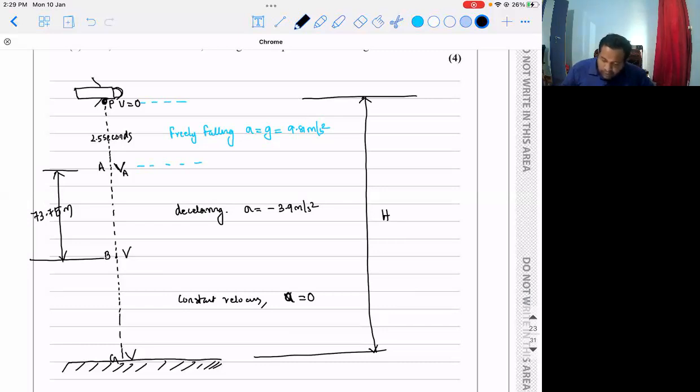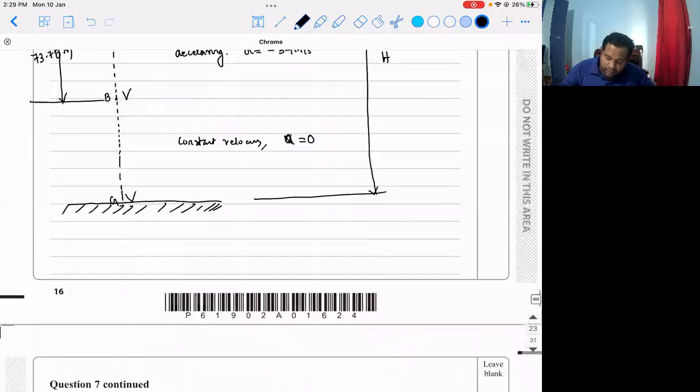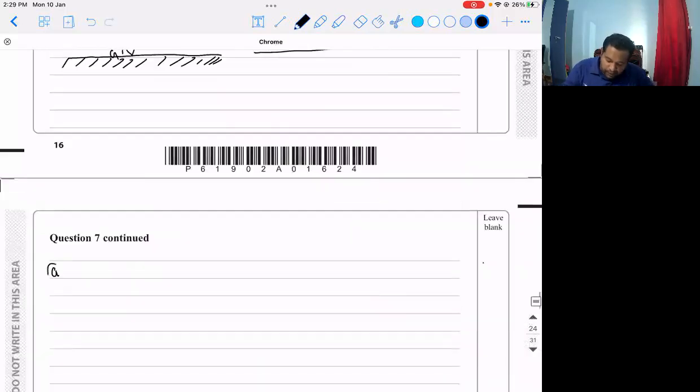Now, we need to find first the velocity at this point A. For the A part, the particle starts from P and reaches A. In this section, the initial velocity is 0, the time taken is 2.5 seconds, and the acceleration is 9.81 meters per second squared.